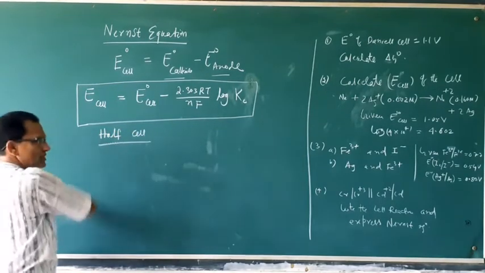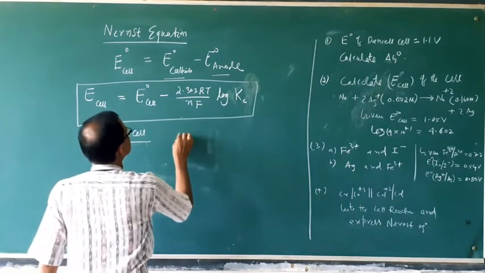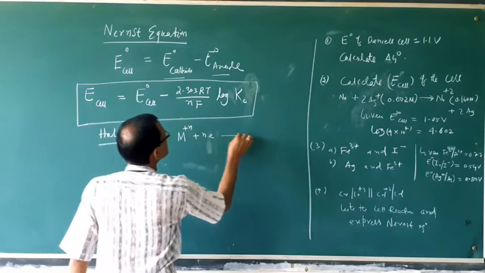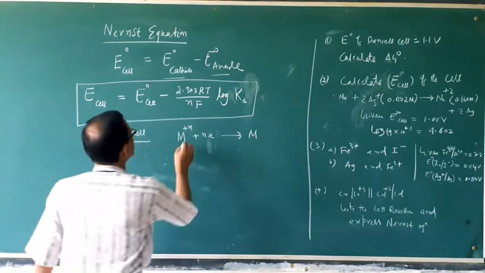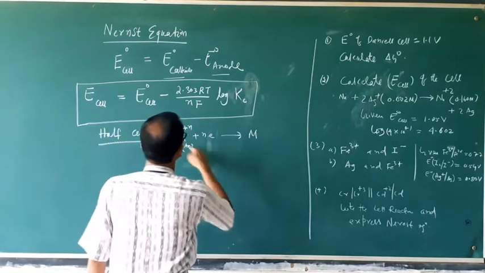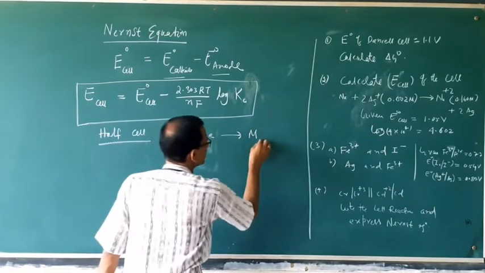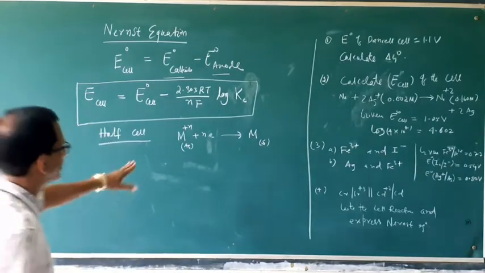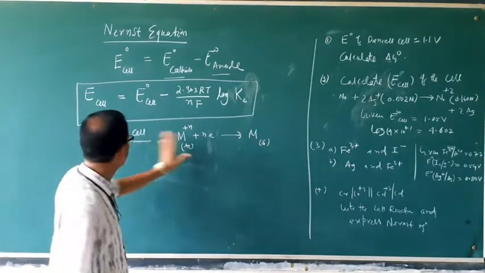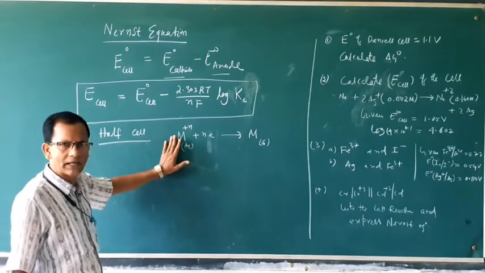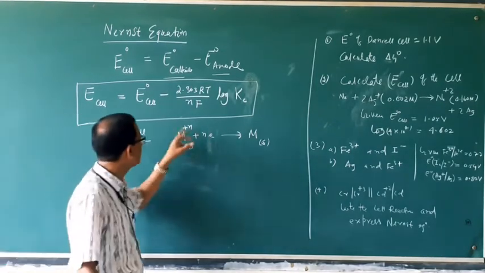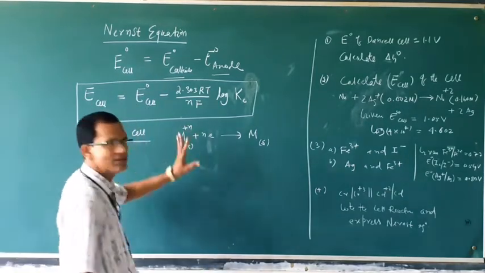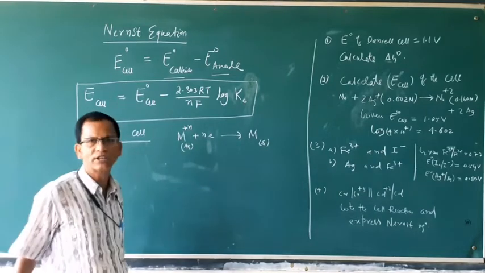If we take one half cell, let it be like this: M^n+ plus ne^- changes to M. This is your aqueous medium, ions in aqueous medium, this is the solute. This reaction is a reduction, because of gaining of electrons. It is one half cell. M is the metal, and M^n+ is the metal ion of valence n. That indicates n is the valence of the metal, producing the M^n+ ion.